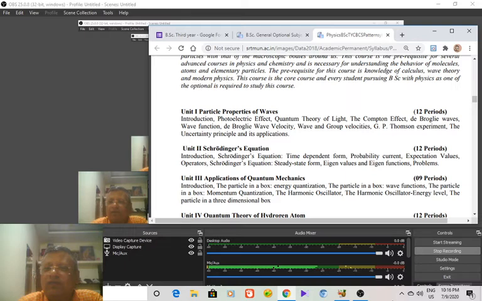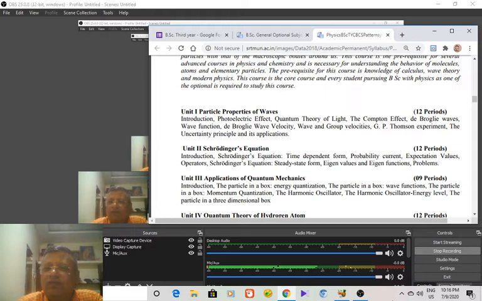In this third year, we have the paper numbers from 12 onwards. In third year, we have two semesters, semester 5 and semester 6. In semester 5, we have two papers, paper number 12 and paper number 13, out of which paper number 12 I can teach you in this semester.